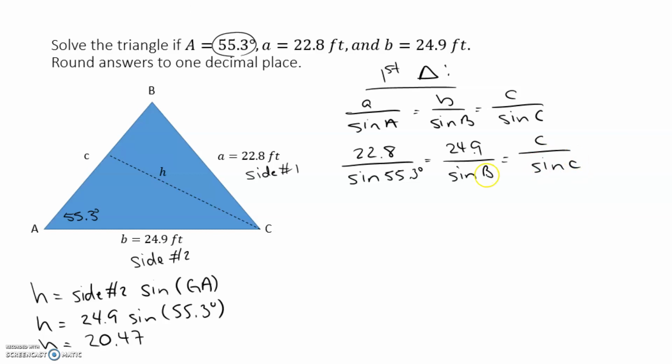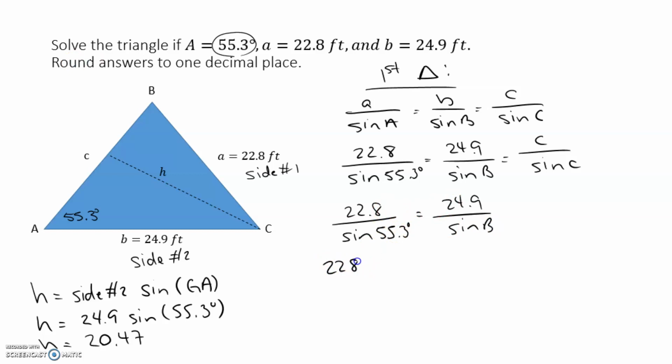Okay, so the only thing I can solve for here, if I set this expression to this expression, then I'm going to have one equation and two unknowns, and I can't solve that. So I need to set this expression right here to this one and solve for B first. So this is going to be 22.8 over sine of 55.3, which is equal to 24.9 over sine of B. I'm going to cross multiply.